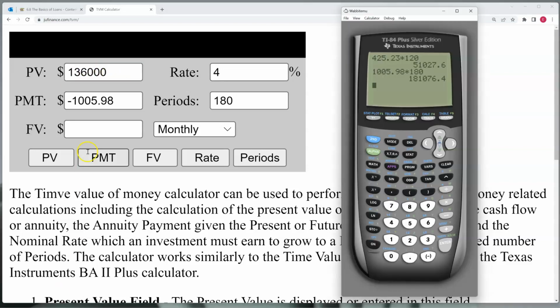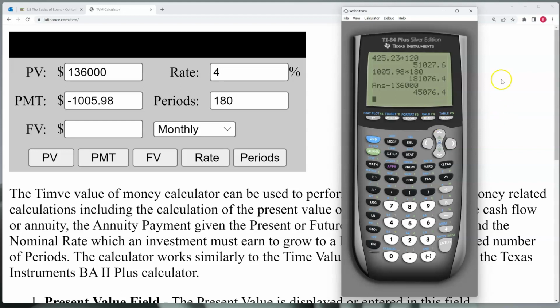We borrowed $136,000, and over the course of 15 years we've paid $181,000. So if you subtract the principal from that, what you've basically done is paid $45,000 in interest. What you need to think about is that was the cost for the bank to lend you the money.